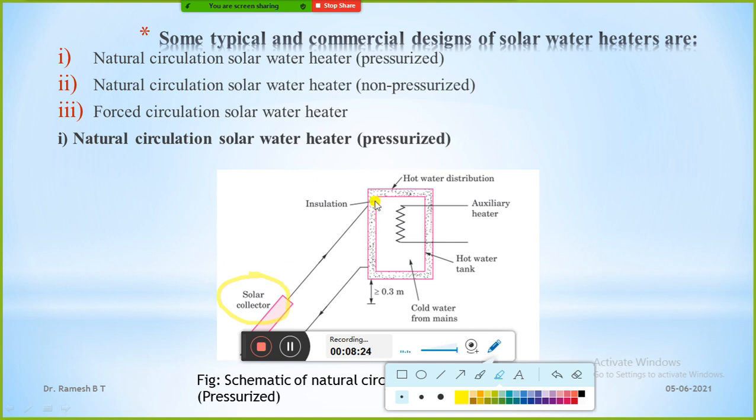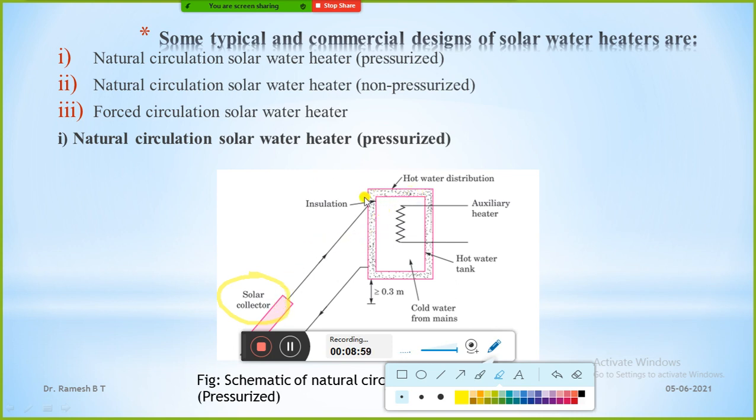The storage tank and pipe are all connected. The water in the pipe beneath the collectors absorbs the energy and becomes lighter, and slowly this hot, low-density water flows to the top of the tank.